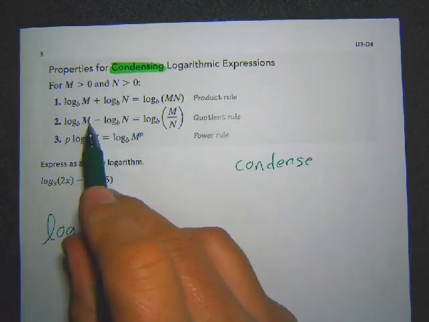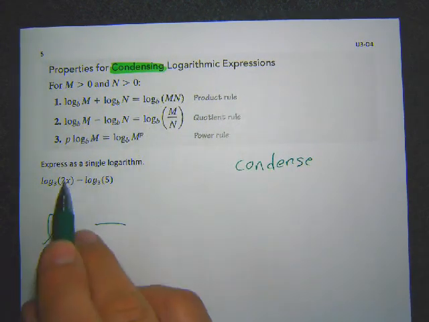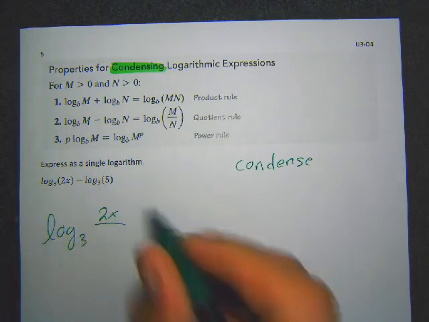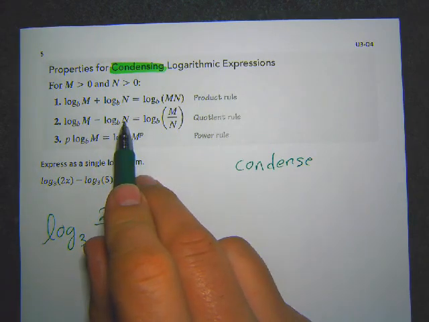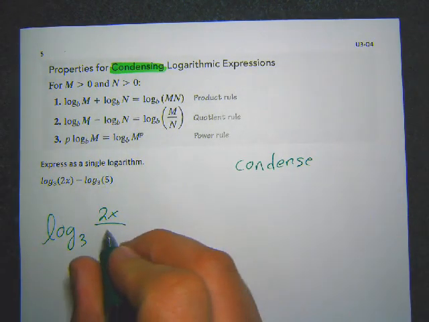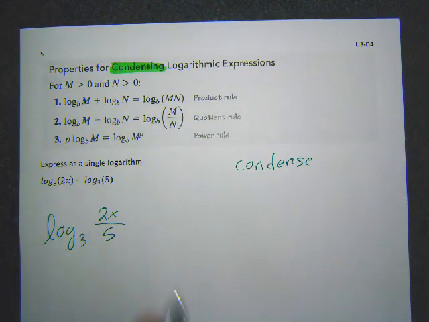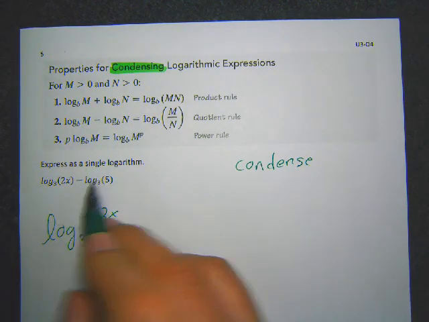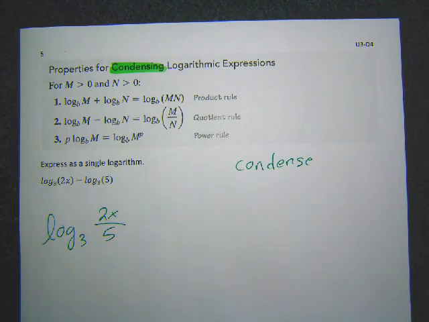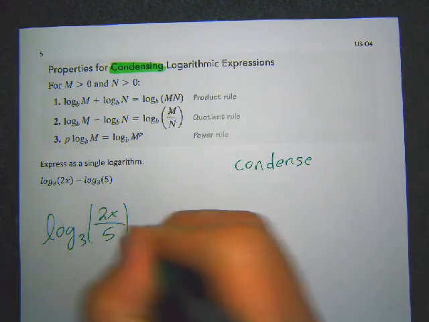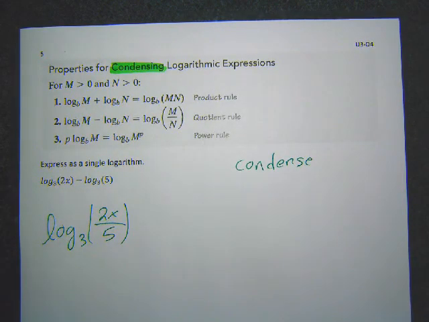Remember that the first number goes on top, so this 2x is going to go on top, and then the second part, this 5, goes on bottom. So subtraction between two logs can be condensed. It can be put back together as a single logarithm with a division, because that subtraction turns back into division.